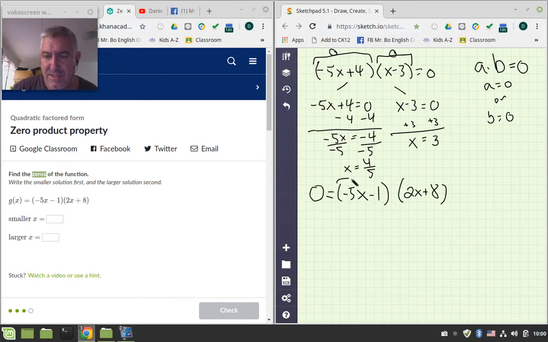That means this is 0 or this is 0. A is 0 or B is 0, so I'm going to divide it up and get negative 5x minus 1 equals 0 or 2x plus 8 is equal to 0. And then we just solve those.